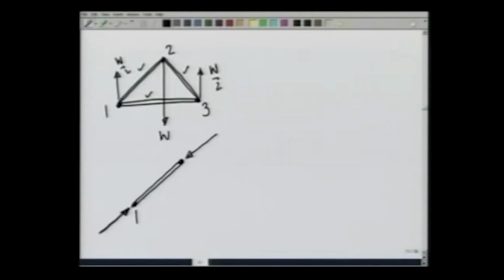Similarly, on rod 2 and 3, there are 2 forces acting due to pin at 2 and pin at 3. Again, the forces have to be collinear. So the forces have to act in this manner, 2 and 3.